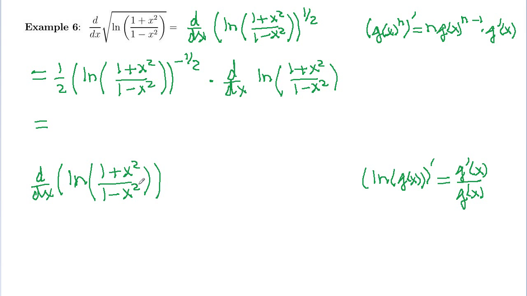So why don't we, see we got a division inside the log, why don't we use properties of logs to simplify that? So this is the derivative with respect to x, and then division inside the log is subtraction outside. So we do log of the top, 1 plus x squared, minus log of the bottom, 1 minus x squared.